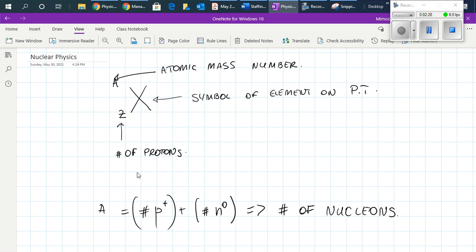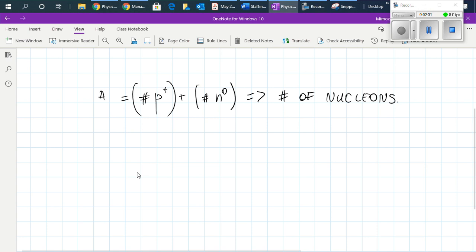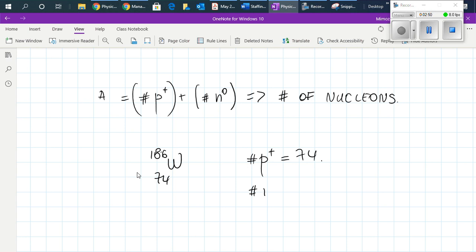So if we have an element, let's say tungsten, W 74, 186, that means the number of protons is 74, and the number of neutrons will be 186 minus 74 equals 112 neutrons.